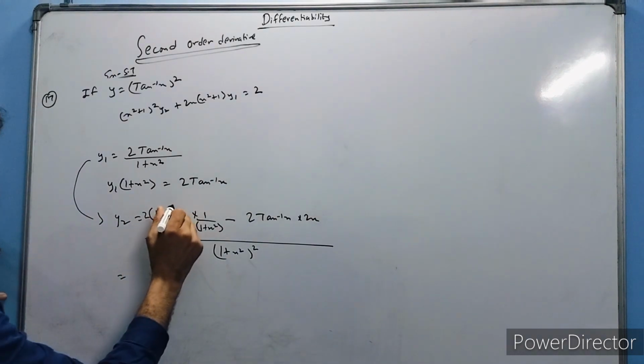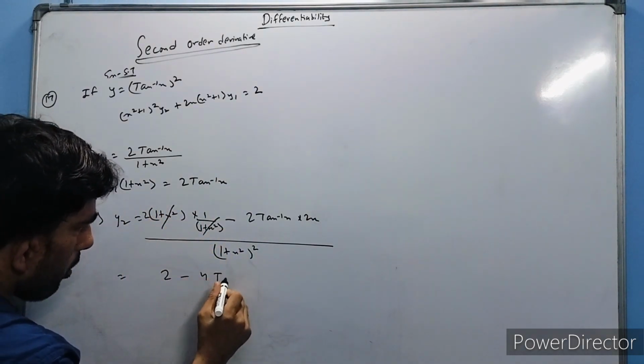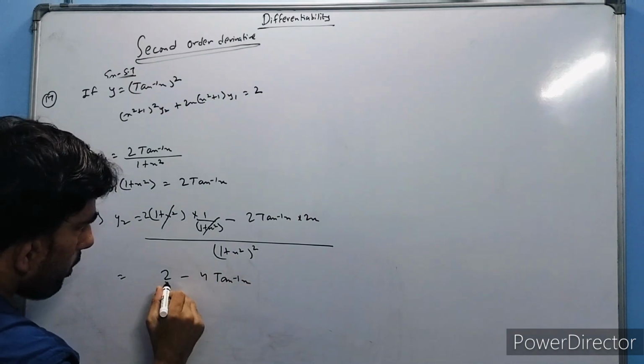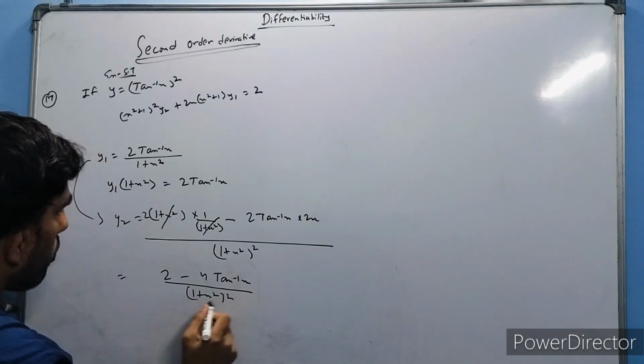So now what I got here is 2 minus 4x tan inverse x upon 1 plus x square whole square.